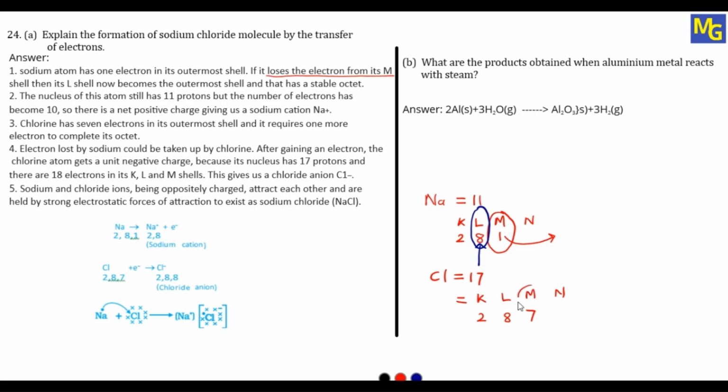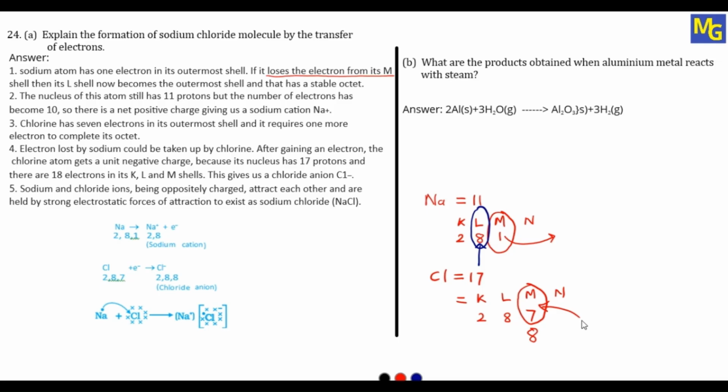So the outermost shell is the M shell. If it takes 1 electron, it will complete its octet and attain a stable electronic configuration. If it takes 1 electron, it will become 8.